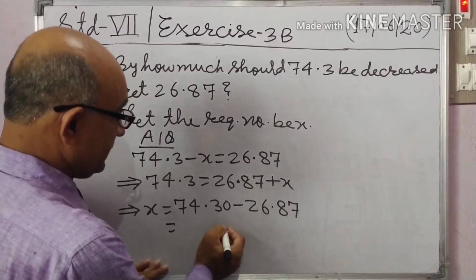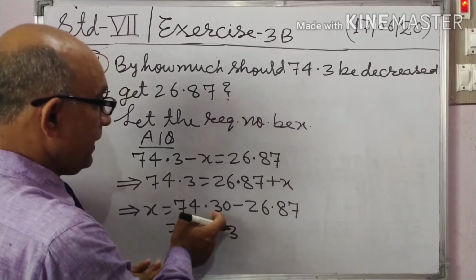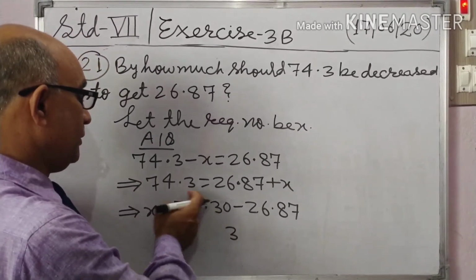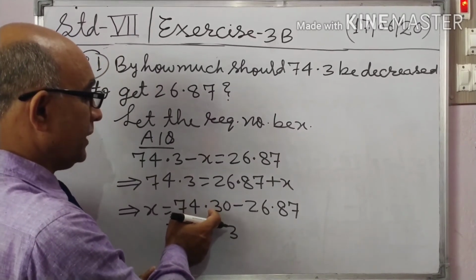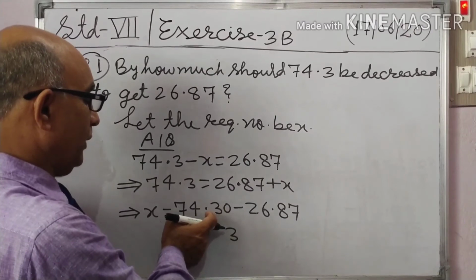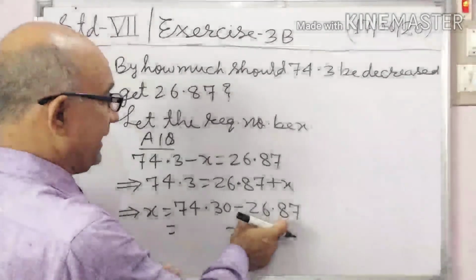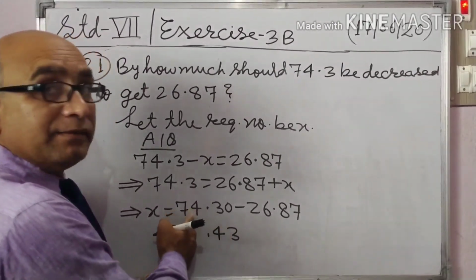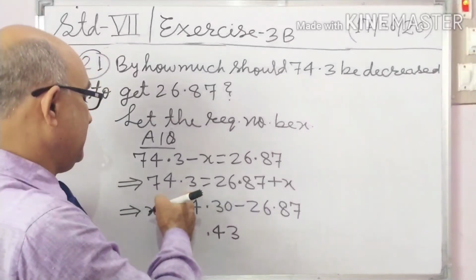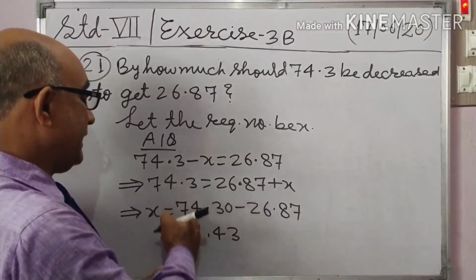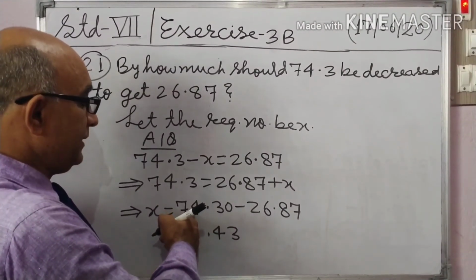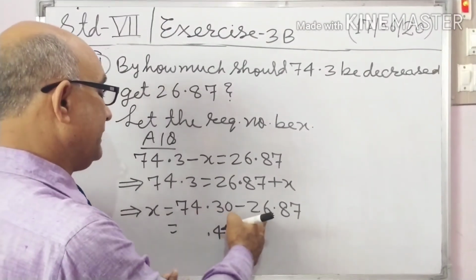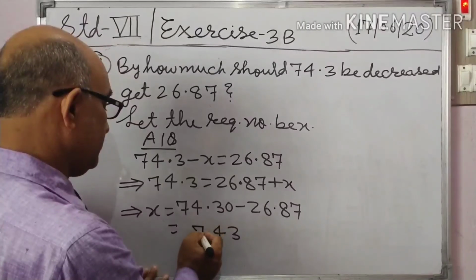10 minus 7, 3. Here 2, once 10, 10 plus 2, 12. 12 minus 8, 4. Point. Here 3, once 10 borrowing, so 10, 10 plus 3, 13. 13 minus 6, 7.